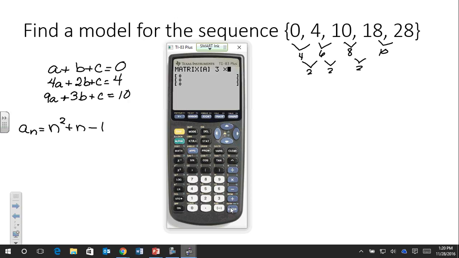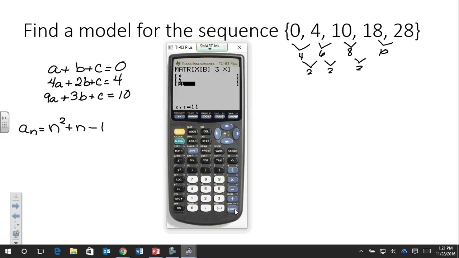All right, so 3 by 3, and we have 1, 1, 1, 4, 2, 1, and 9, 3, 1. And then we need a new matrix B. And this is a 3 by 1. And it is going to have 0, 4, and 10.